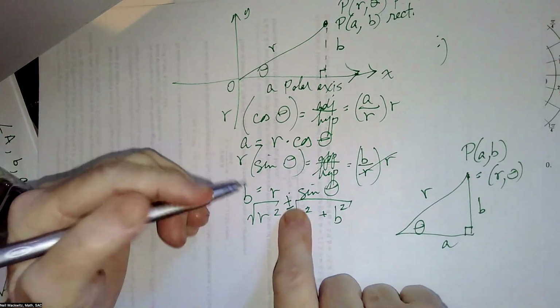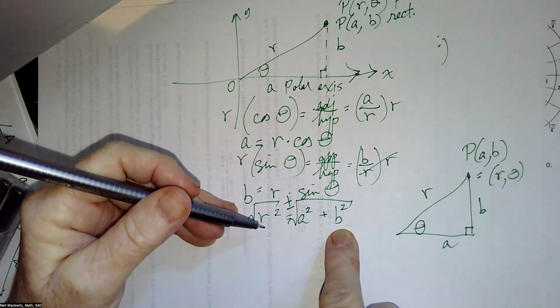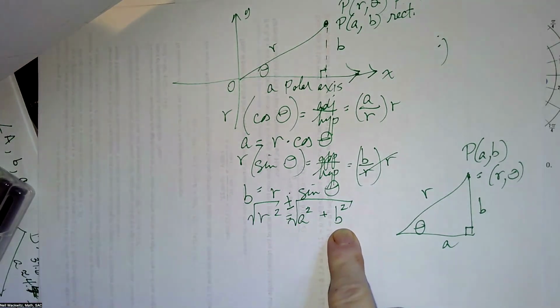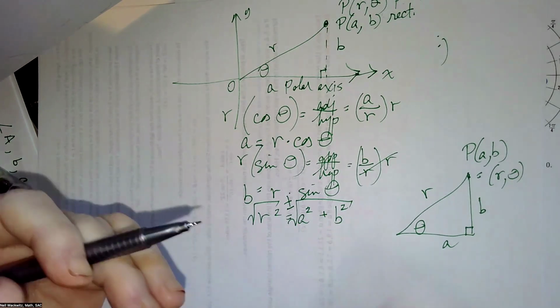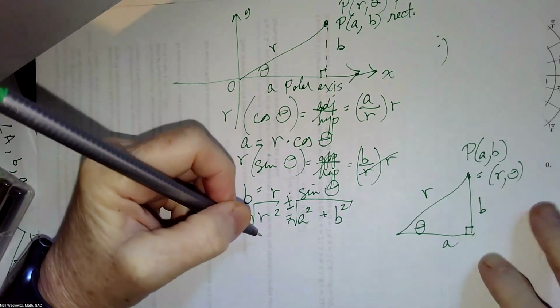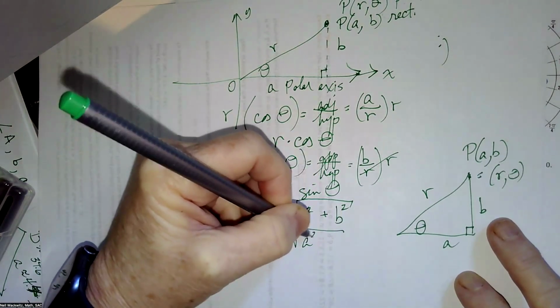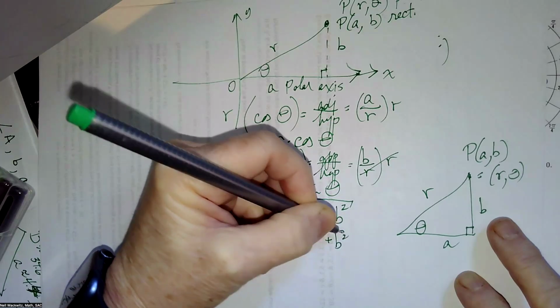That's right. So here we're not really worrying about the direction of r, but just the magnitude or amount of r. Does that make sense? Yeah. Groovy.